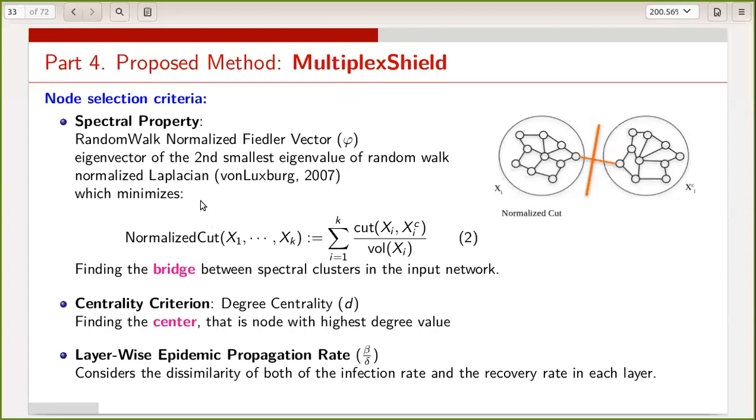And the random walk normalized Fiedler vector means that we use the eigenvector of the second smallest eigenvalue of the random walk normalized Laplacian.